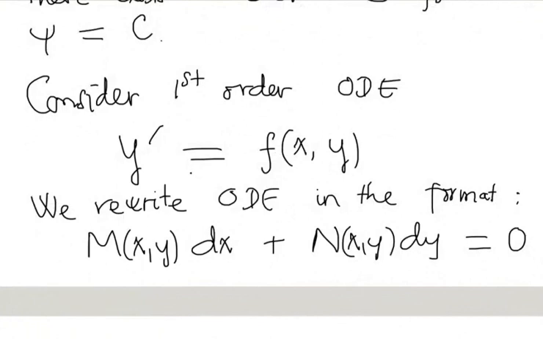To do this, the idea is to replace y prime here by dy over dx, and usually f of x, y will be a fraction. We can cross multiply and rewrite the ODE in this format right here.